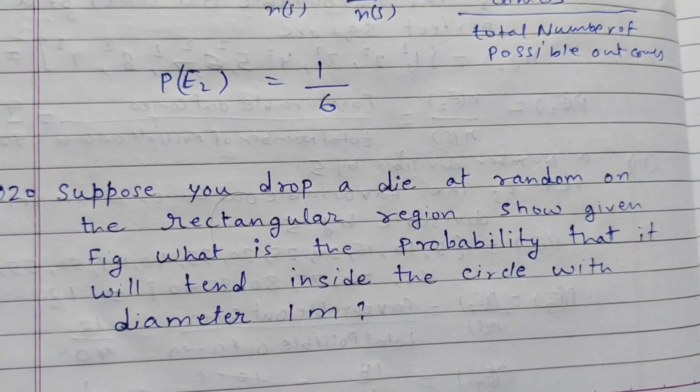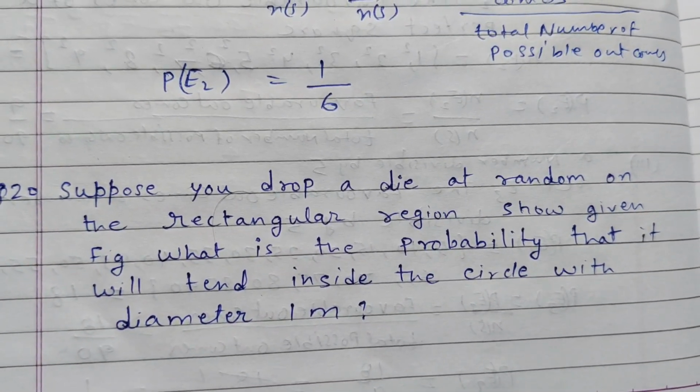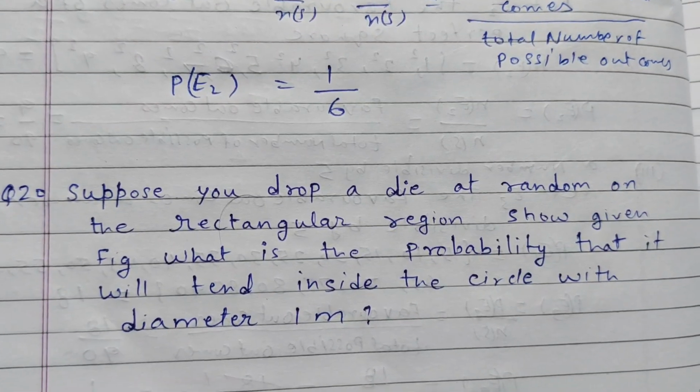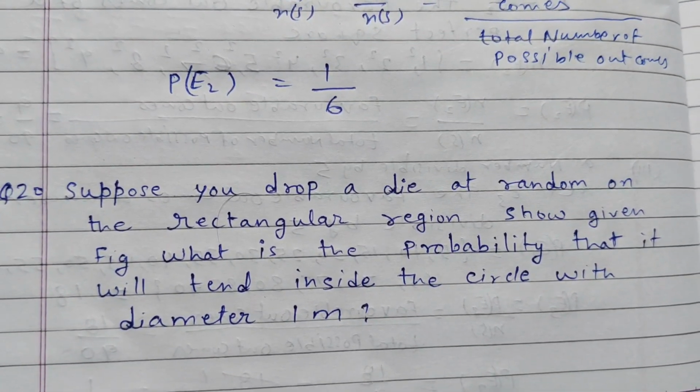Suppose you drop a die at random on a rectangular region, as in the given figure.